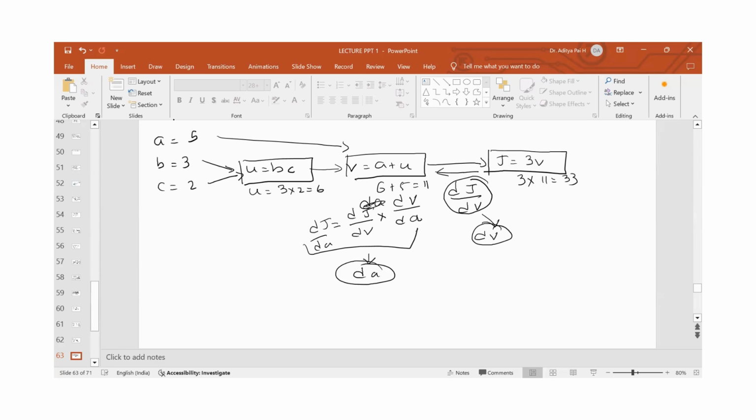Now again, I'm doing back propagation. I'm coming here and I'll try to change the value of U. So this is nothing but dJ by dU.